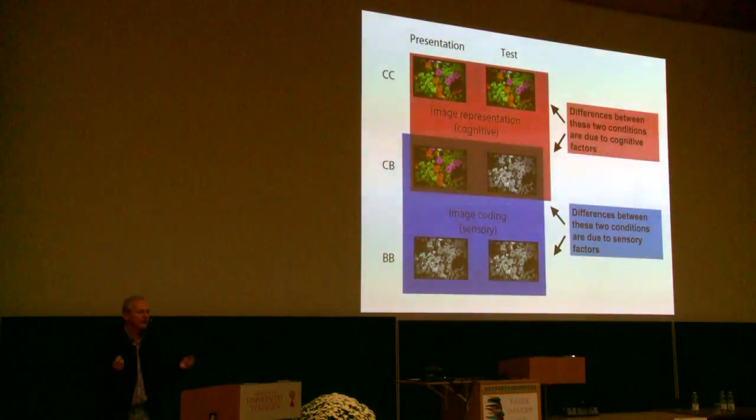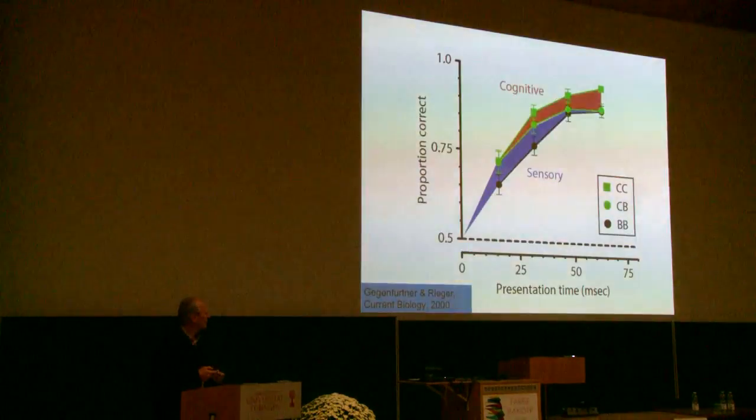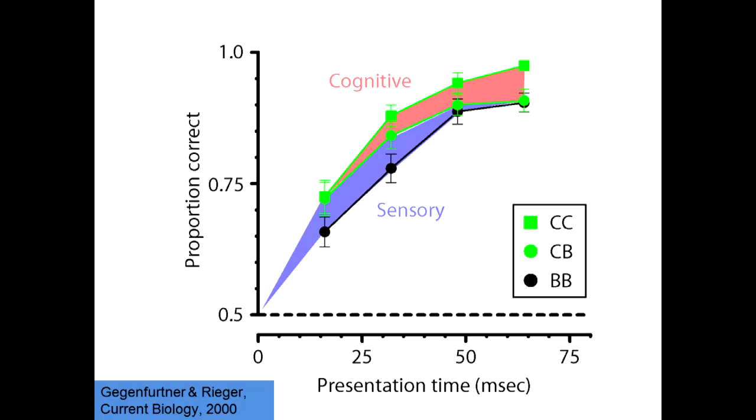And now we can look at the data and see whether the advantage of color that we hope to replicate from before is due to sensory factors or due to cognitive factors. And the results are shown here. And interestingly, at the short presentation durations, so here again presentation duration is on the x-axis and the proportion of correct identifications on the y-axis, you can see when the images are presented in black and white and the testing is done in black and white, people are at about 65% correct, and they're about 7 to 8% better when the presentation is done in color.